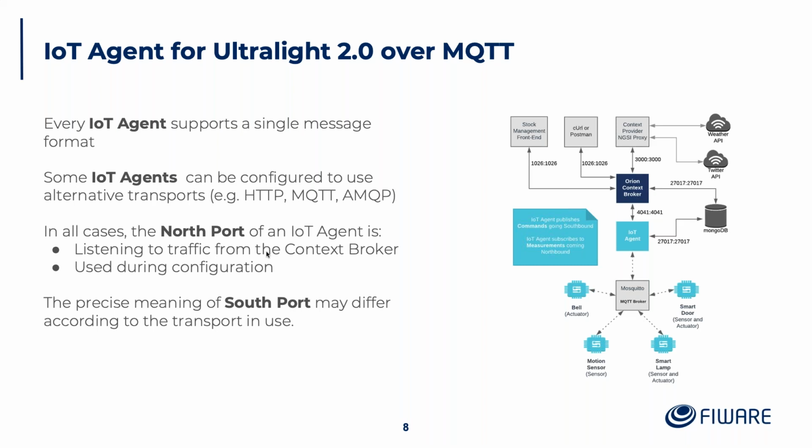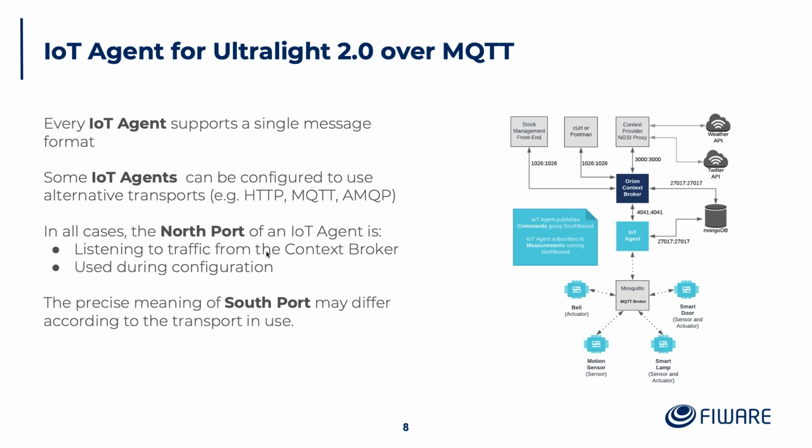Some IoT agents are able to deal with multiple transports, some aren't. Some are more specific to whichever protocol you're actually using. So in this particular case, the idea of the south port is a little bit more vague in that it's where the IoT agent is listening. It's not literally listening on a port.